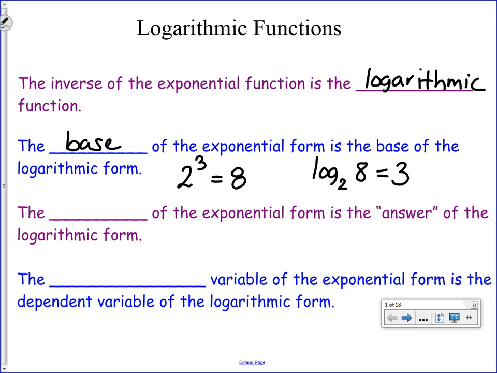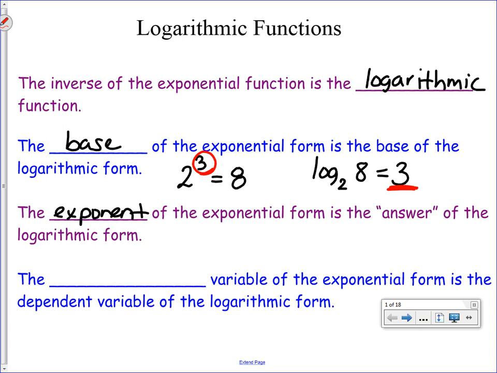All right, the exponent of the exponential form is the answer of the logarithmic form. So if you notice, back up to my example, the exponent in exponential form is the answer in logarithmic form.